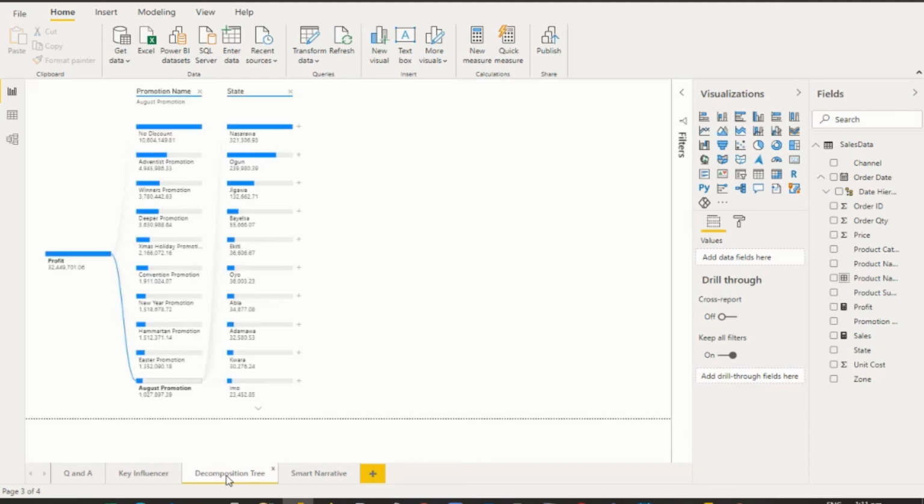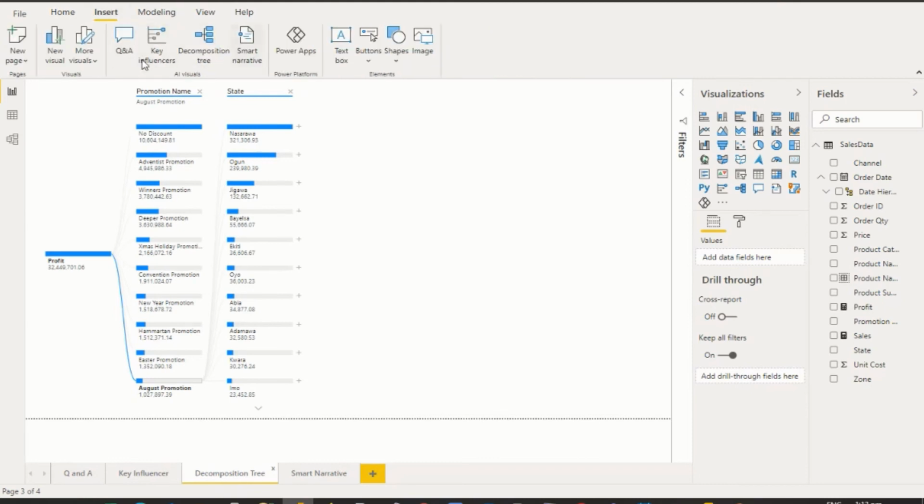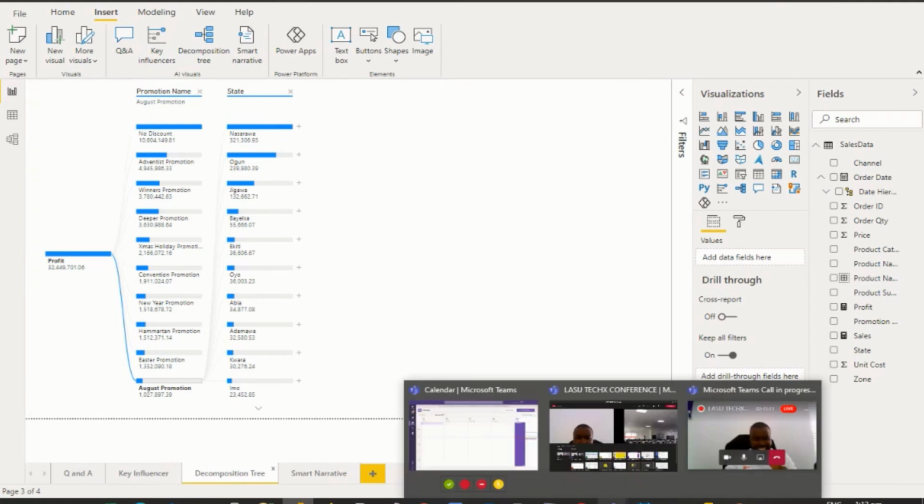To give you in-depth analysis, you can leverage the AI tools that Microsoft has in Power BI. Those artificial intelligence tools are Q&A, key influencer, decomposition tree, and smart narrative. I hope I've been able to shed a little light on that.